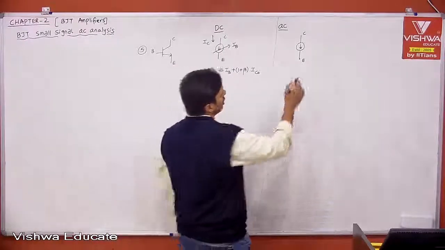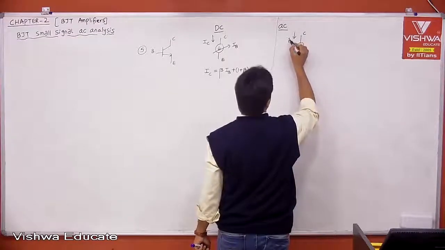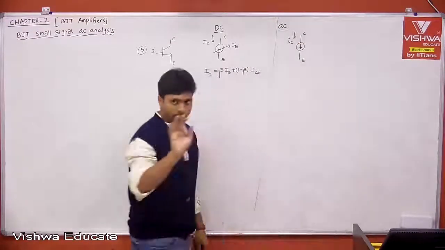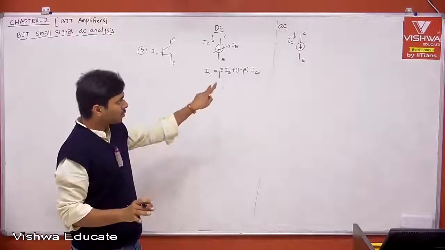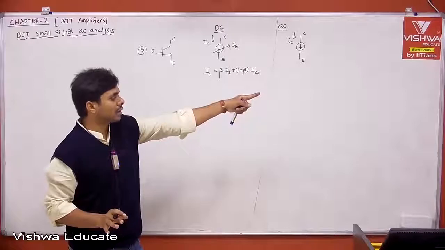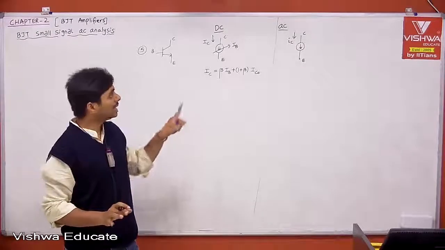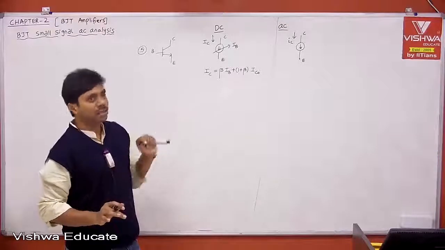Now I am going to represent small IC. What do you mean by small IC? I will explain. Maybe here I can correlate a little bit, but in the case of the PN junction I did not give it to you because I derived something and then we gave it. Further we need to solve a problem, then you will understand. But here I can explain a little bit between DC and AC.